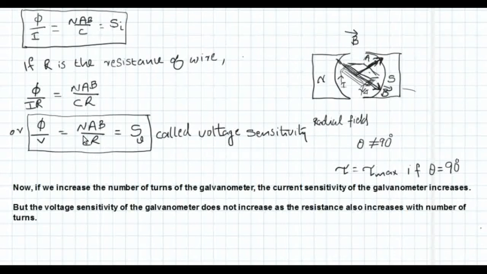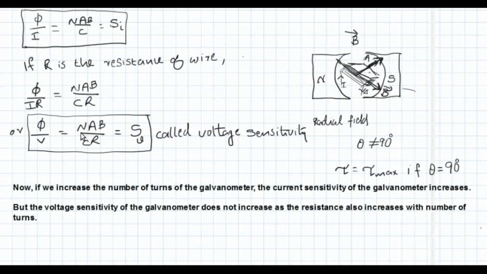Or suppose we make the number of turns 5n. n becomes 5n means the length of the conductor increases. Number of turns of the coil increases means the length of the conductor increases. So for n number of turns, if the wire has a resistance R, then when the number of turns becomes 5 times, the resistance will also become 5 times.